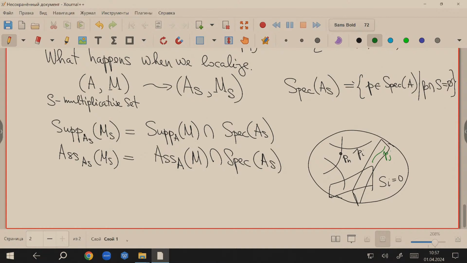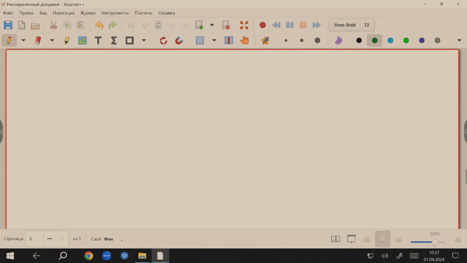I want to just notice that if you have A mod P included in M, what can happen when we localize?